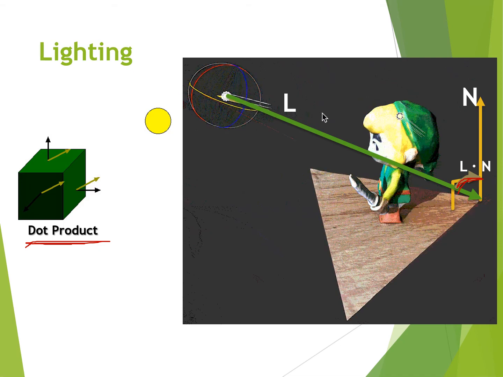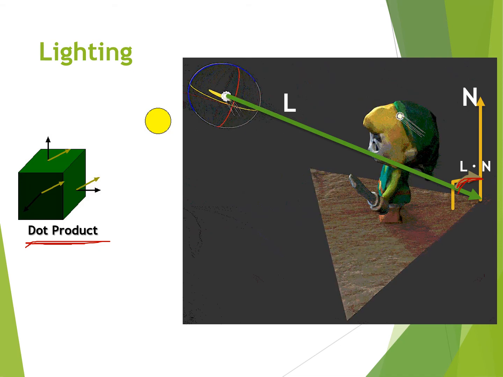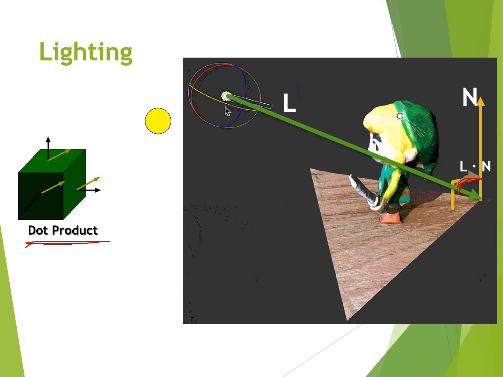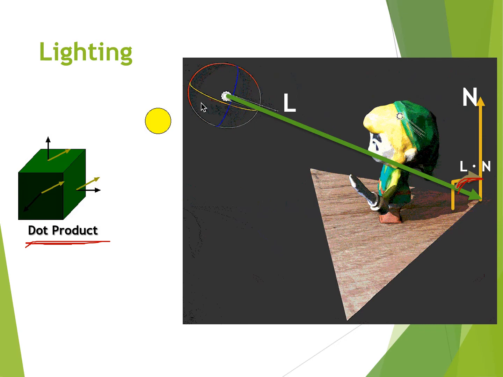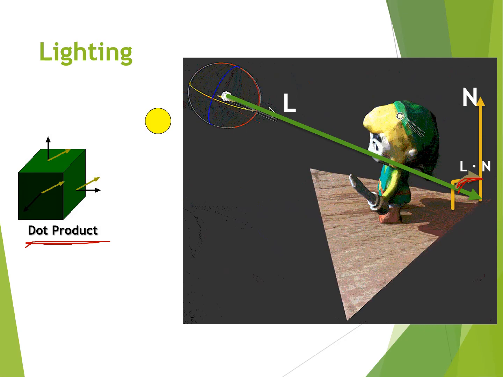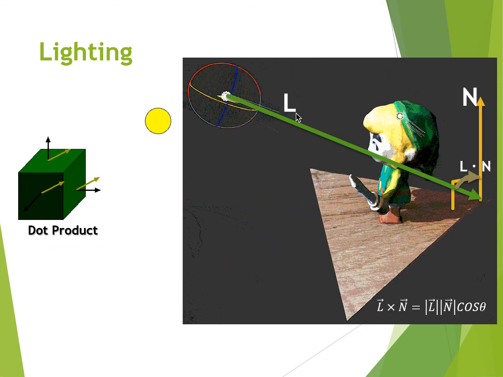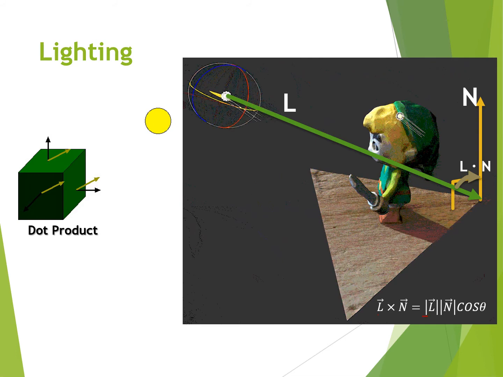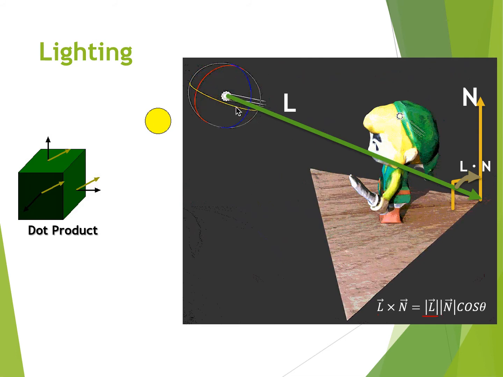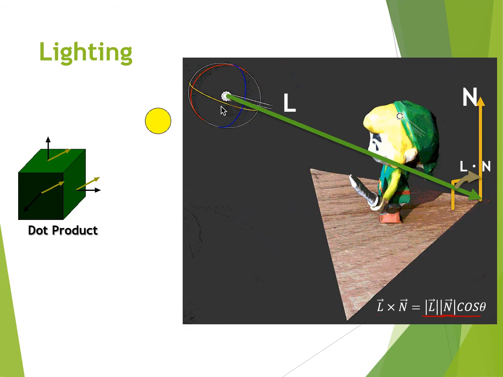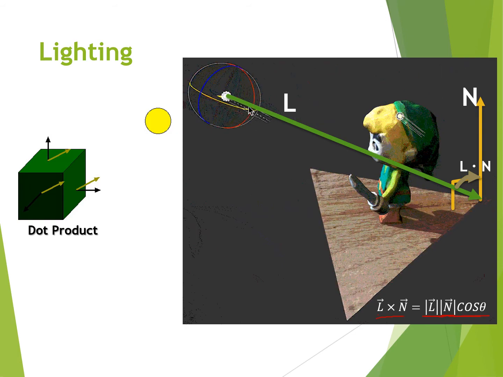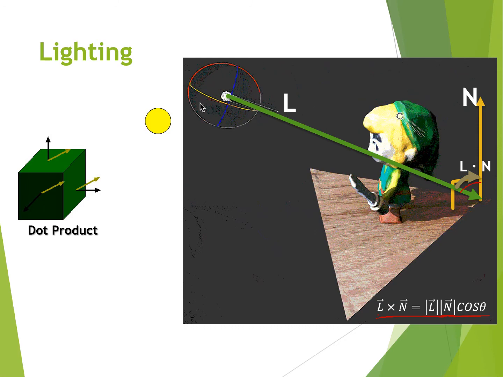If the angle is small, the lighting is directly on your face, so it becomes brighter. If the angle is large, it is away from the light source, so it becomes dimmer. So you calculate the magnitude of L, the magnitude of N, and then use cosine theta to calculate. If we do it like that, we can know the angle here.